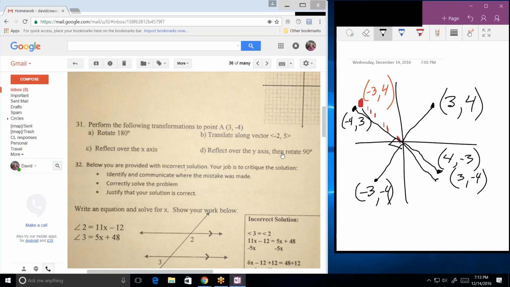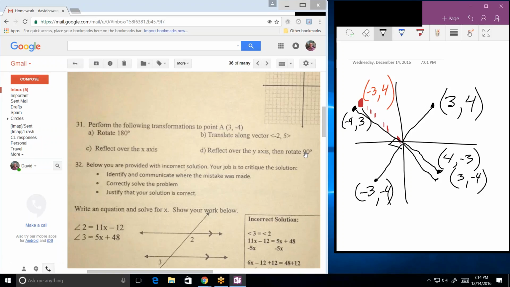So the answer is either -4 comma 3 or 4 comma minus 3, depending on whether they meant clockwise or counterclockwise. Now, I'm not aware of any standard math. In other words, if you don't specify that it means clockwise or counterclockwise.